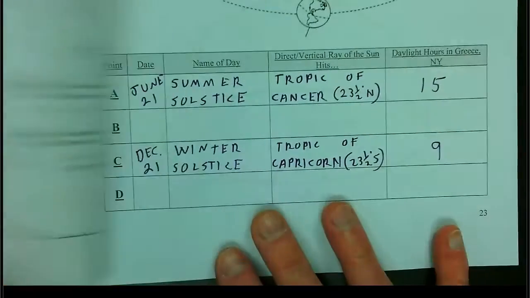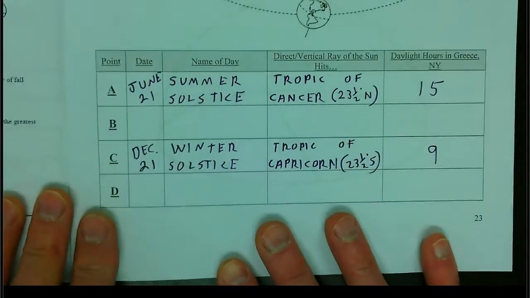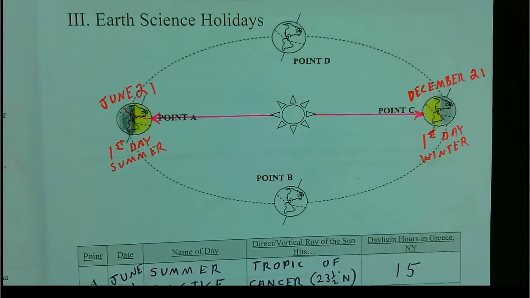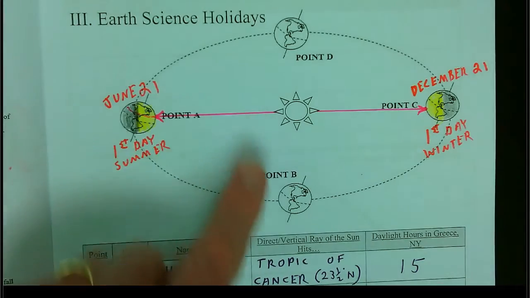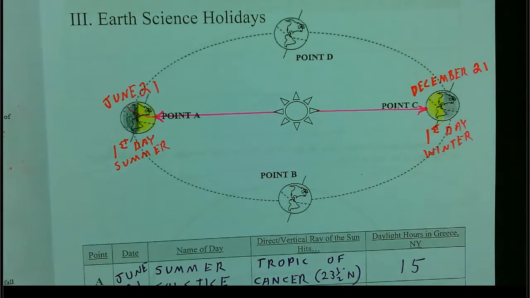We do have 2 other days, and they represent the first day of spring and the first day of fall. Can you tell which one, points B and D, is fall and which one is spring? You can tell if you remember how the Earth revolves around the sun.